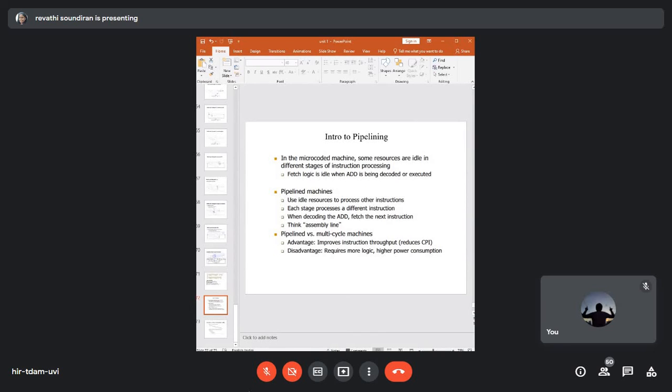Here the increased frequency is the number of cycles it takes to access from your main memory. When you go for deeper pipelining, it is going to increase the frequency, and there are certain disadvantages when you work on pipelining architecture.